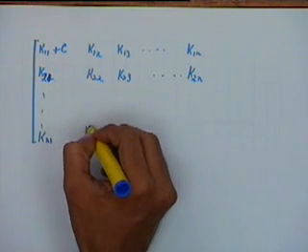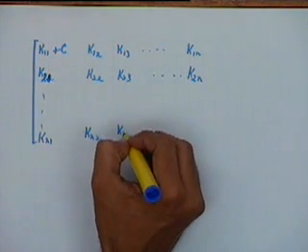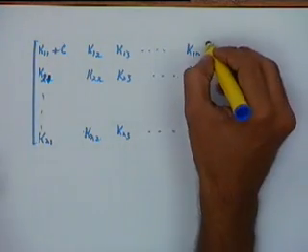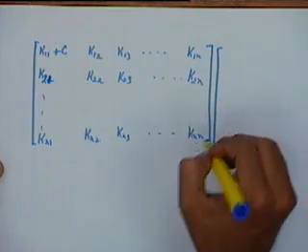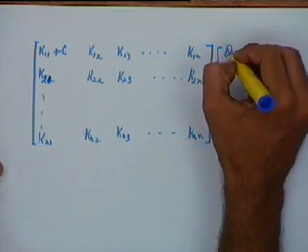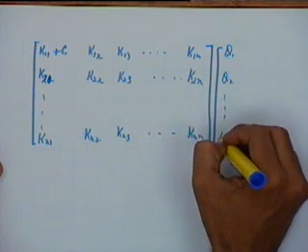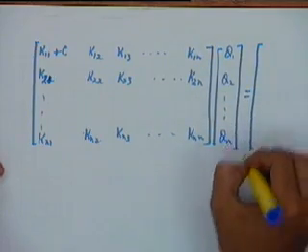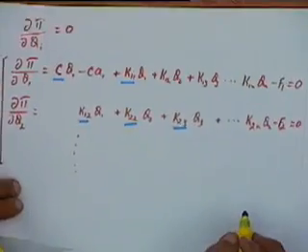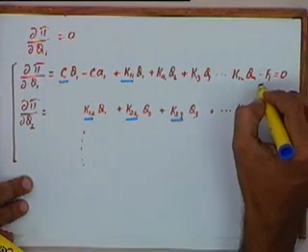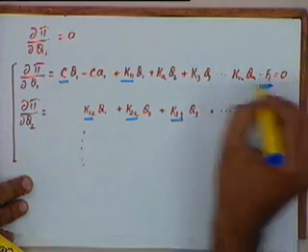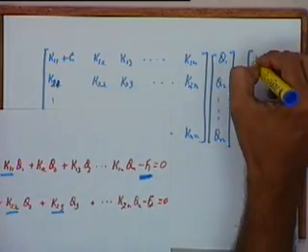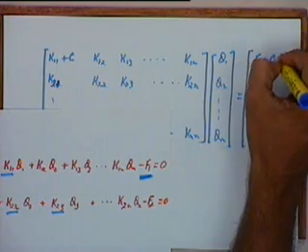We will get kn1, kn2, kn3 up to knn. And this is multiplied by q1, q2 up to qn, and this will be equal to the first term here, f1 plus c times a1.